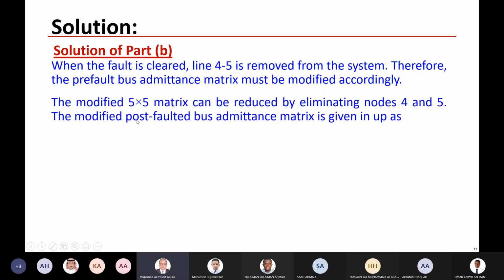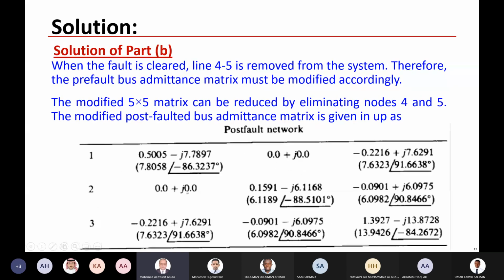And then the modified 5 by 5 matrix can be reduced by eliminating 4 and 5. And the modified post-fault matrix would be given as such. So you have it here, a 3 by 3 matrix. And this is the post-fault network.